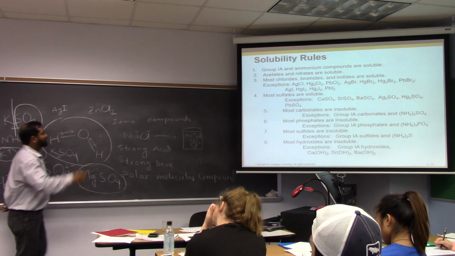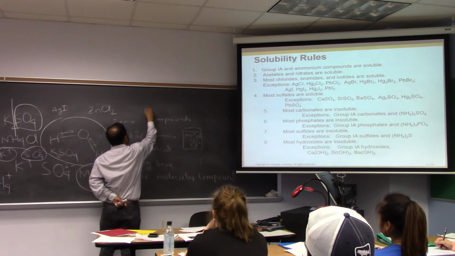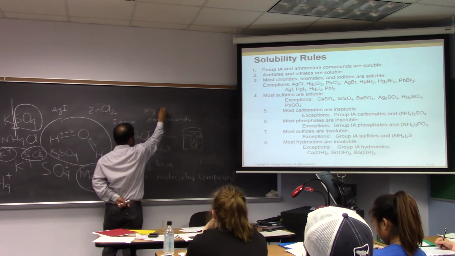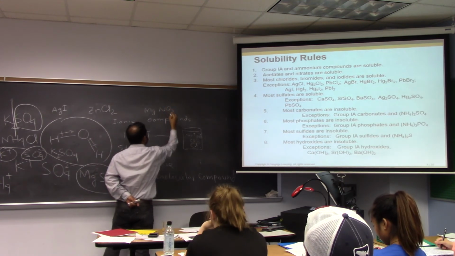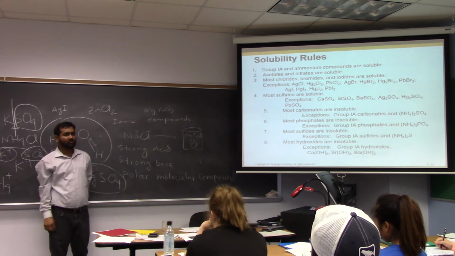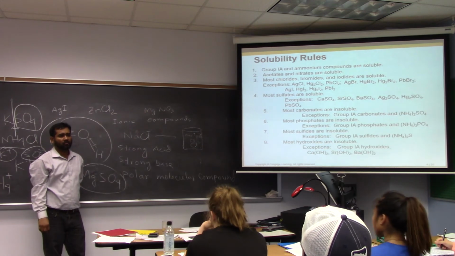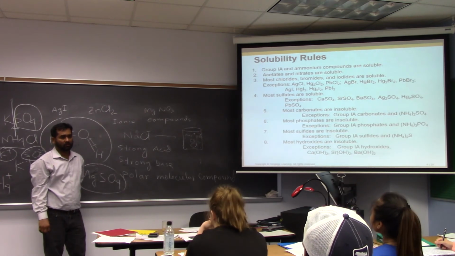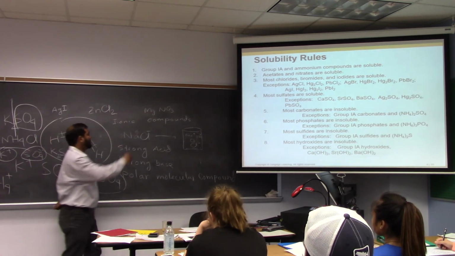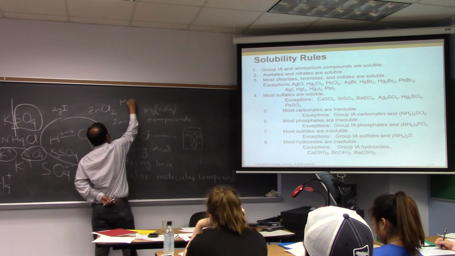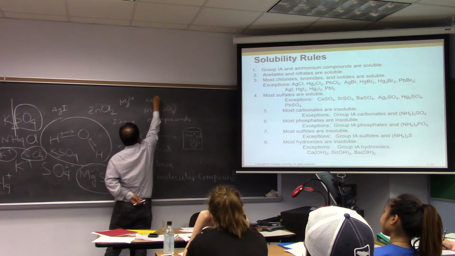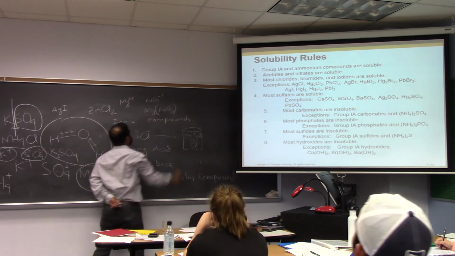One more example: magnesium nitrate. Did I write it properly? How should that be written? Magnesium, nitrate 2. Nitrate gets 2 because magnesium is 2 plus and nitrate is 1 minus.